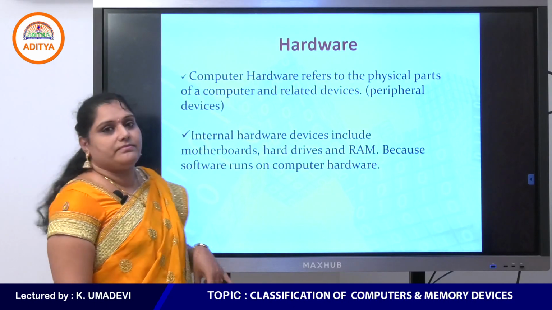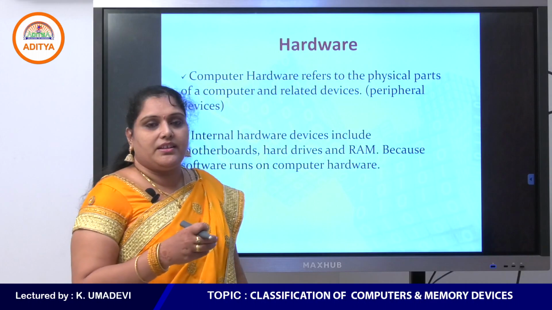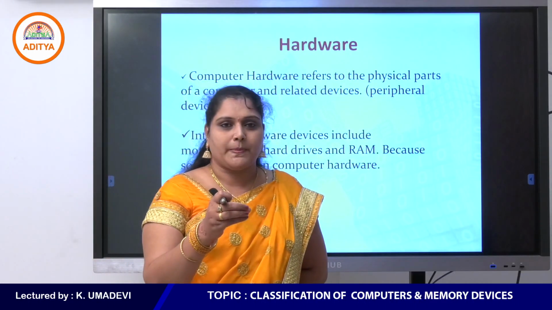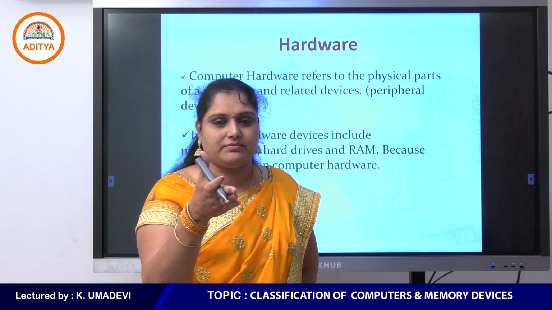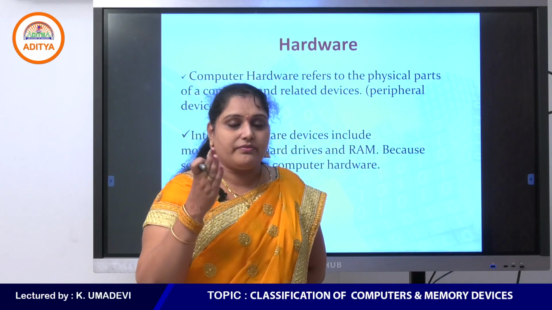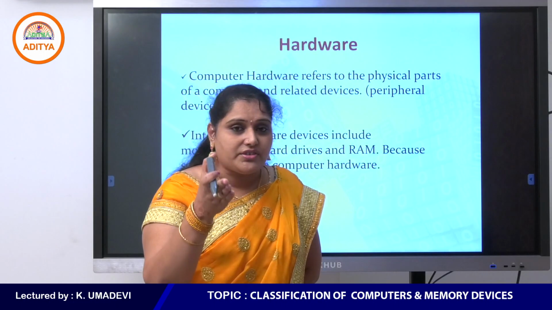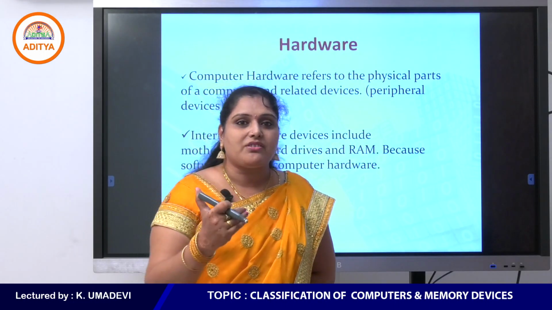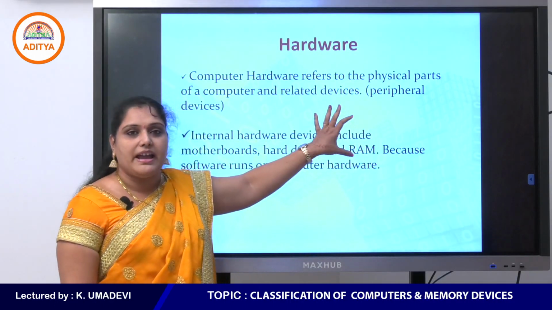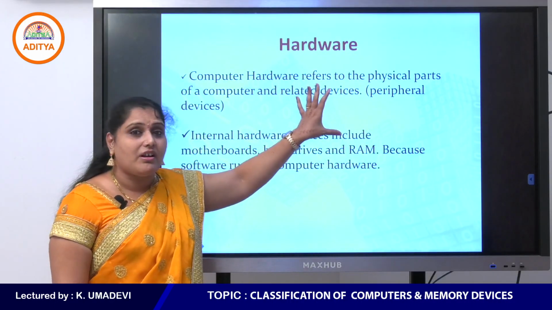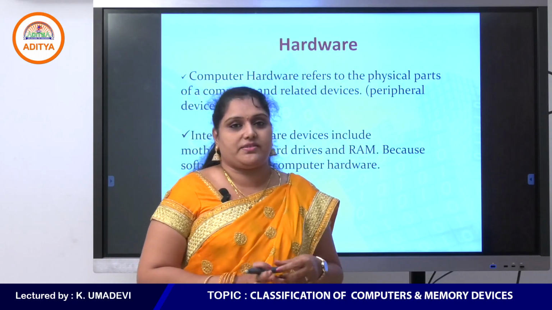Okay, what is hardware? Simply, the physical components which we use to send instructions to the system are called hardware. So physical components of a system are called hardware, and these are also called peripheral devices.